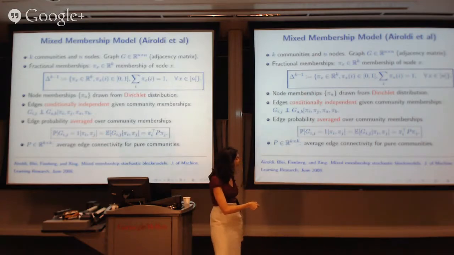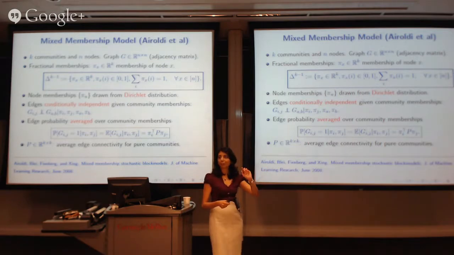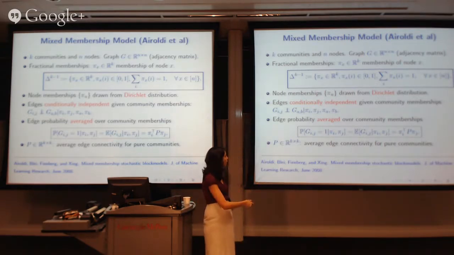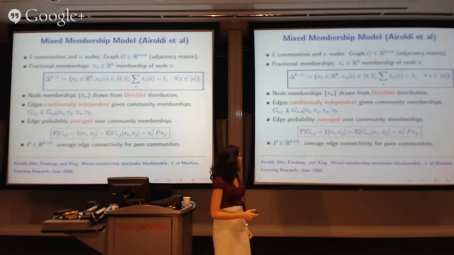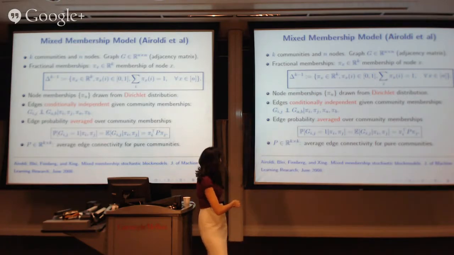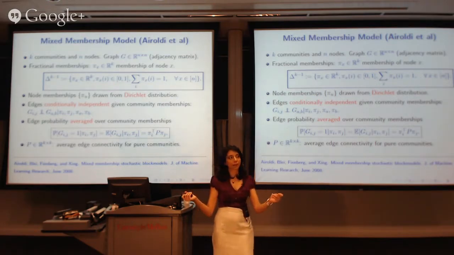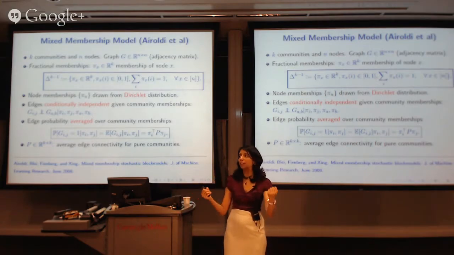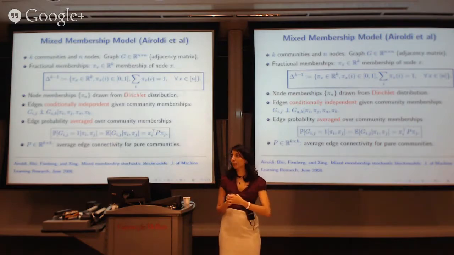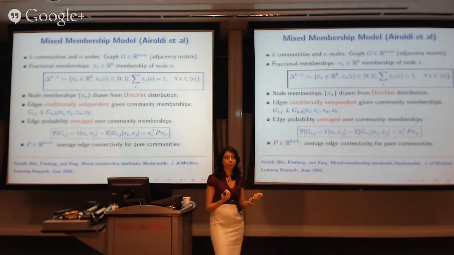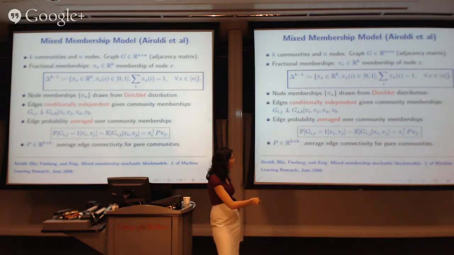So we think of it as a model where I'm spending some amount of time in community 1, and node j is spending some amount of time in its set of communities, and this is a combination of those memberships. And as I said, this matrix P, which is a k by k matrix, represents the connectivity for pure communities. If the nodes were purely in those communities, you'd have this probability of connection. But because nodes can belong to multiple communities, you have this average form.